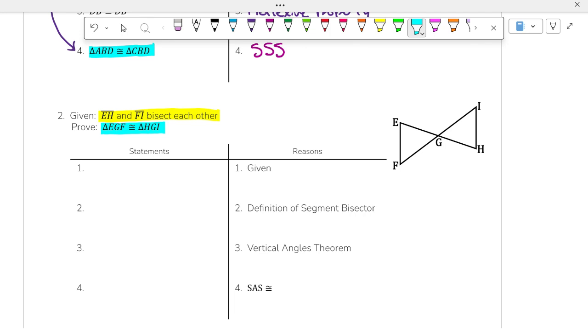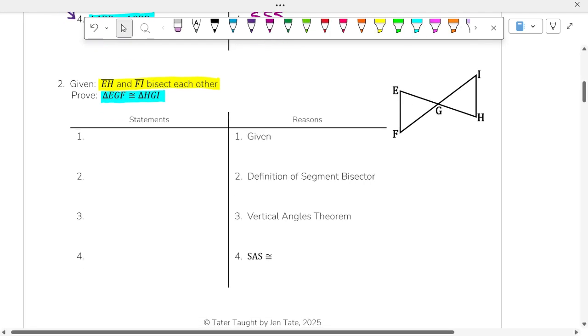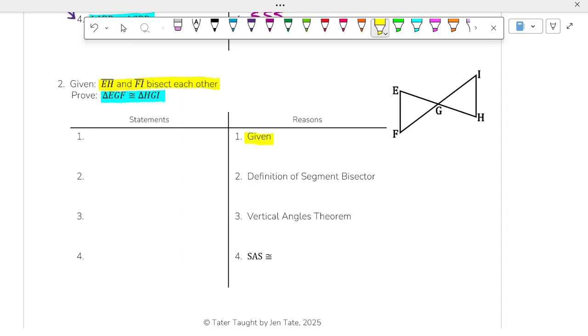All right. Now, the first reason states given. So what do you think I will put for the statement? We're literally just going to copy exactly what the given is.